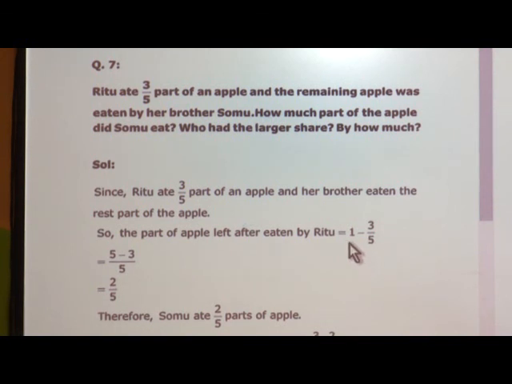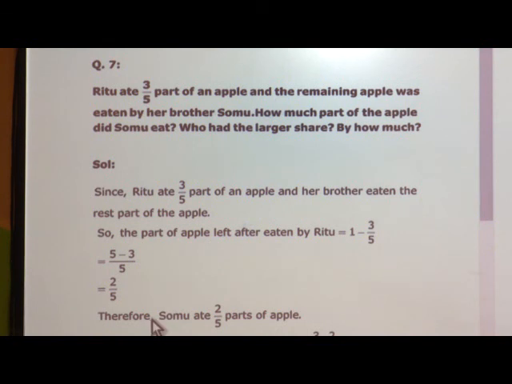Here I have one whole apple, nothing is there in the denominator, so I will write it as 1 to make both denominators. I have a prime number in the denominator, so my LCM will be 5. Making the denominators equal, we can do the subtraction, that is 5 minus 3 is 2/5.